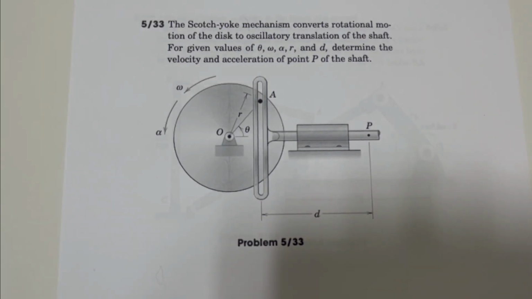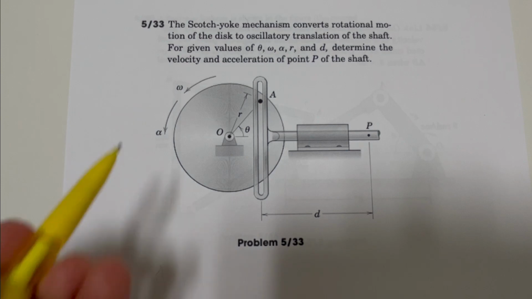Today we have the first video in our series, Kinematics of Rigid Bodies. We're going to try to solve some problems about rigid bodies. Today we have a short video to get you familiar with how to solve rigid body problems.